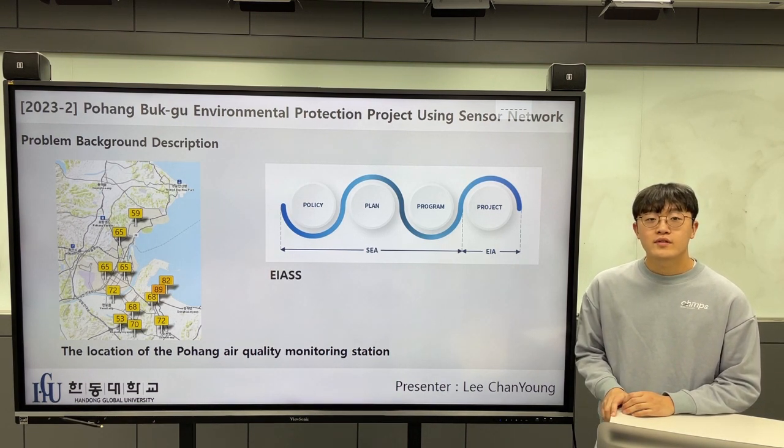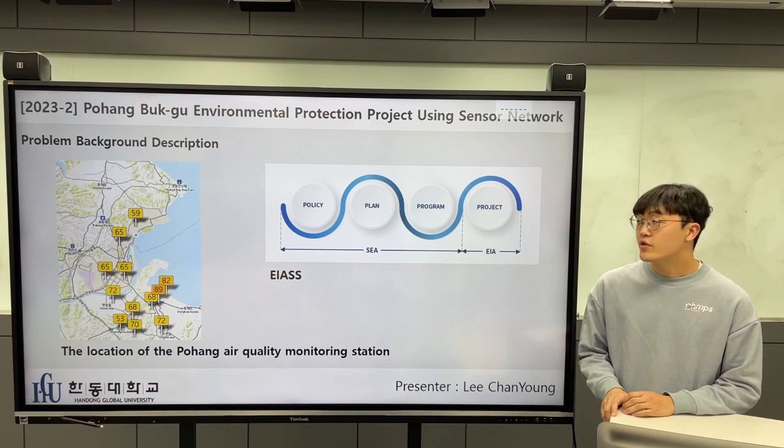Additionally, environmental conservation plans and post-environmental assessment face various limitations, including temporal discrepancies and challenges in continuous monitoring.